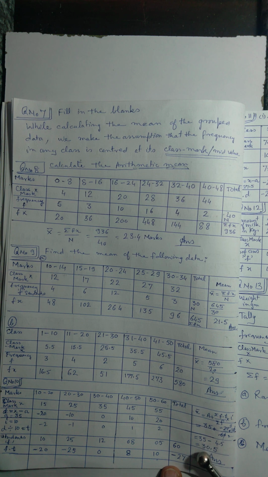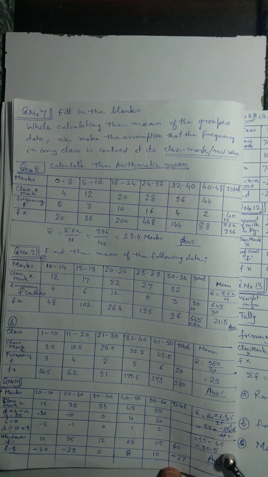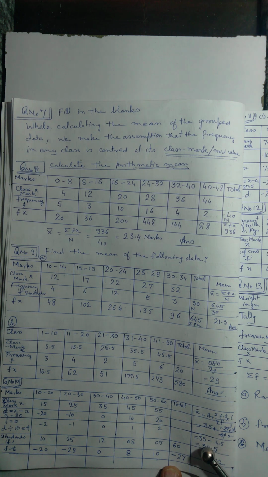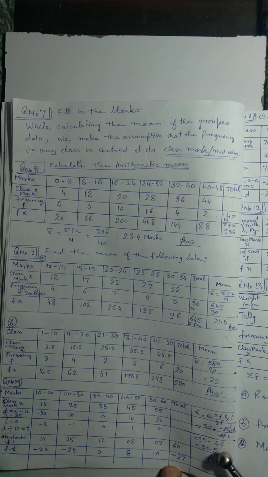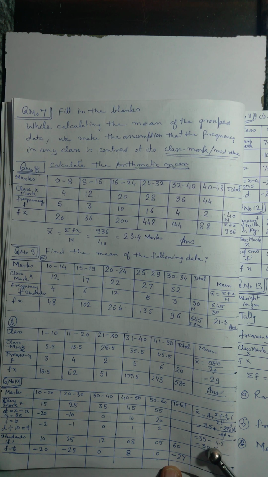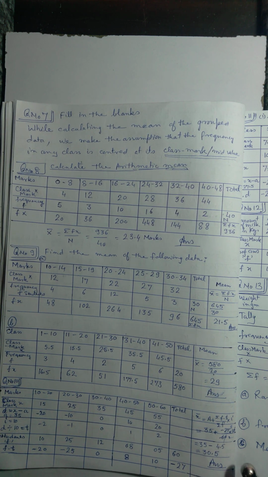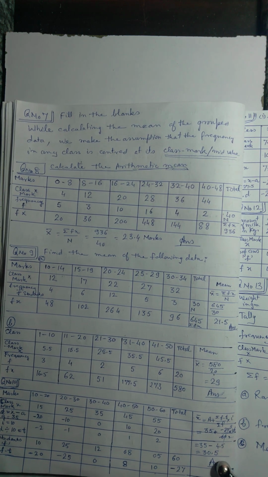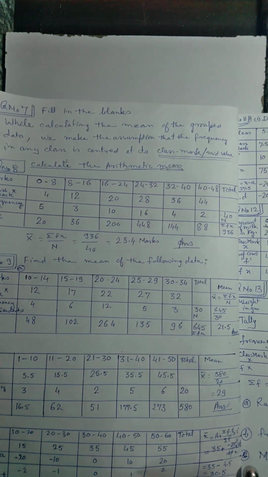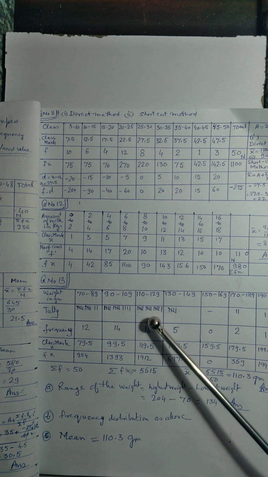In order to find the exact mean, minus 4.5 will be subtracted from 35. The ultimate result is 30.5. This is the answer. Now come to the question number 11.